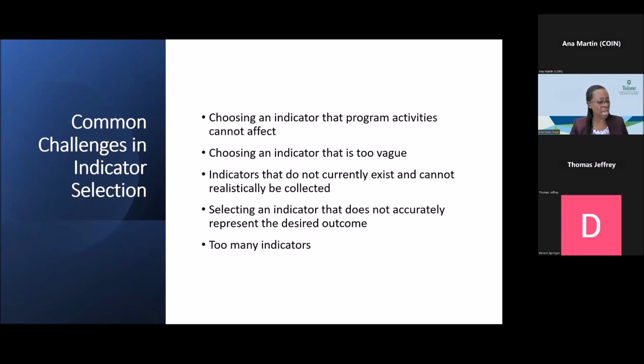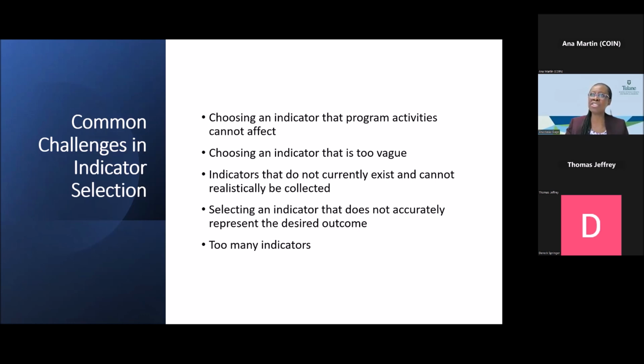So there are some challenges in choosing indicators. And one of them is choosing an indicator that program activities cannot affect. And it's very important, I think, when we are defining indicators, that we look back at our program activities.